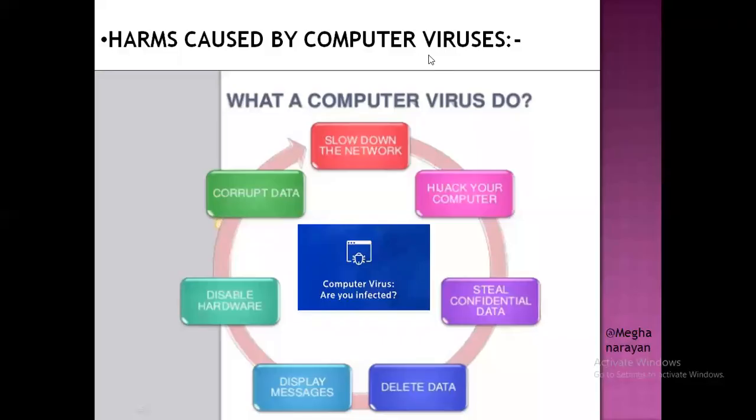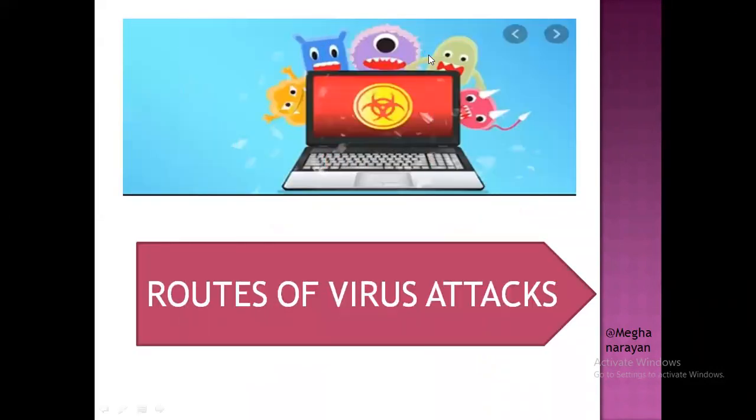All right. So with these particular ways, we have learned what are the various harms that a computer virus can let us face. Moving on now to the next slide. Next thing is, how should I know from where viruses are getting inside my system?